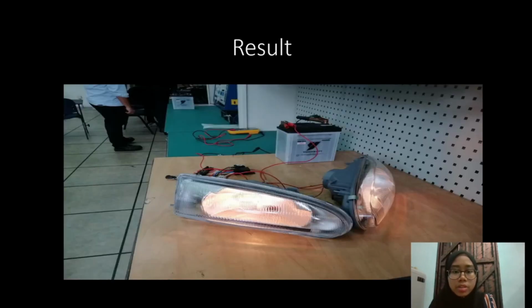And then this is the result of the low beam. So as you can see, the light is quite dimmer than the high beam. So for the high beam, my next friend will explain the connection and the components for the high beam in the next video. So that's all from me.